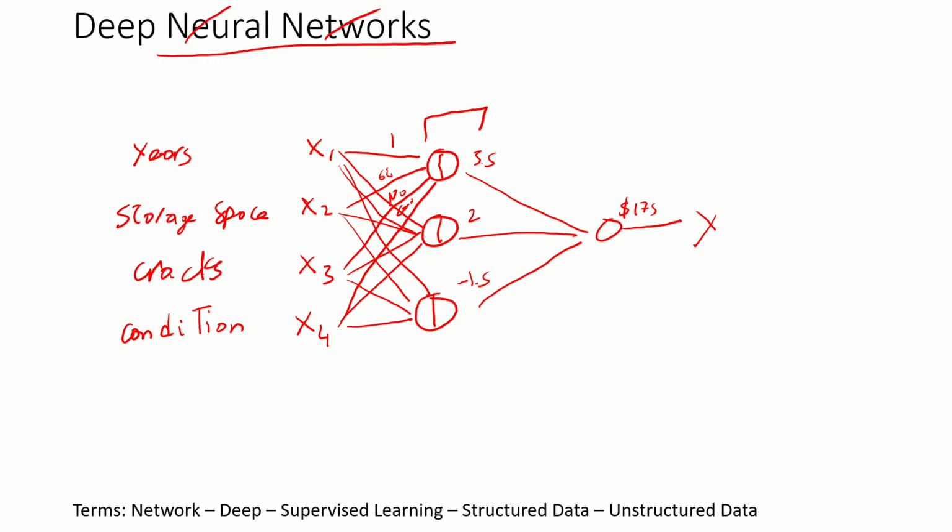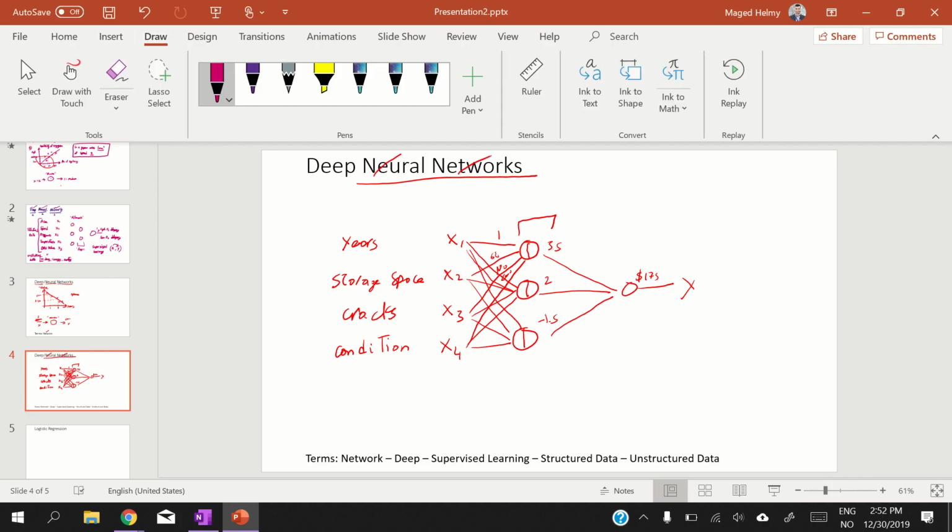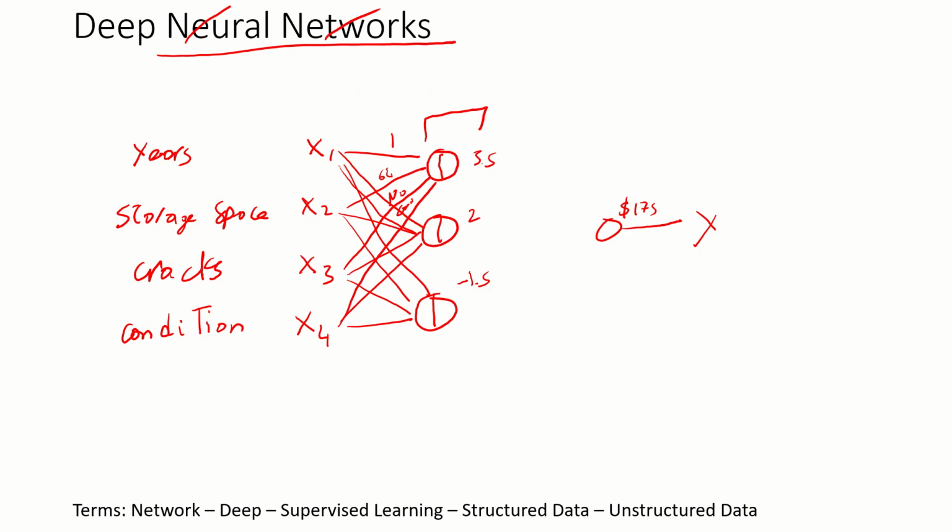So where does the word deep come from? I have to exit here to get the eraser. And we will just delete these 3 lines and get this back. Basically, the term deep comes if you have multiple neurons connected between the input and the output. Again, they're all connected like that.